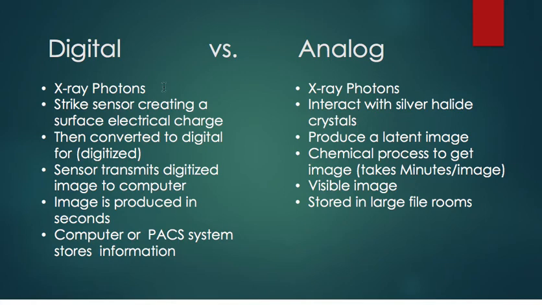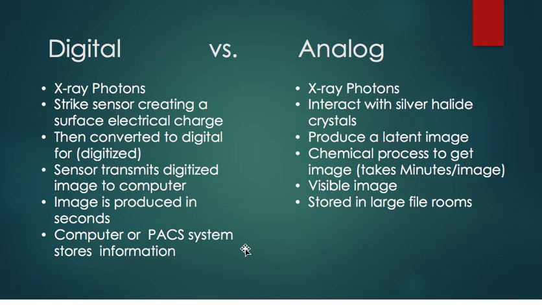So with digital, you still have x-ray photons, but instead of interacting with the silver halide crystals, they're striking a sensor, creating a surface electrical charge. Then they're converted to digital for the digitized image. There's a sensor that's transmitted to the computer, and then the image is produced in seconds. And then all of those images are either stored on the computer or in a PAC system, which is an online storage system.